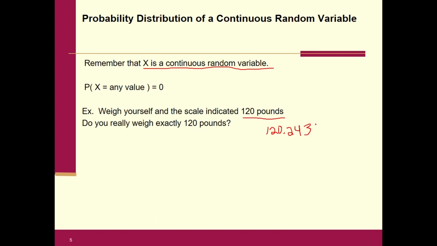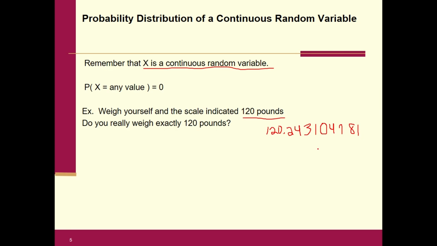So you take out another decimal place. Did you weigh exactly that? Probably not. Take out another decimal place, and another. You could even take it out 7 more decimal places. Did you weigh exactly that? Probably not, because you could always take it out another decimal place. When you work with weight in pounds or kilograms, we only need so much precision, so a lot of times our scales cut this off and say that's good enough.